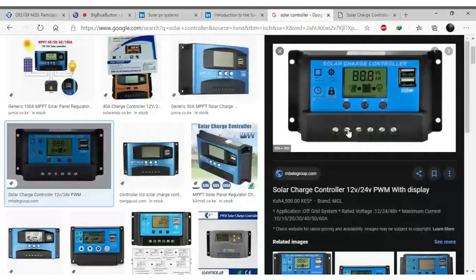This is how it looks. Those of us who were together last semester, we managed to do a bit of practicals with these charge controllers. So that is how generally a solar charge controller looks. I believe you have seen it.